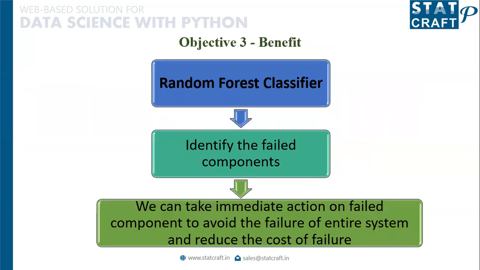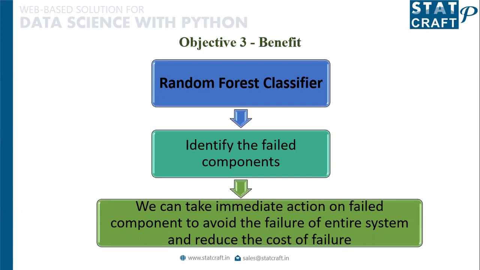Finally, what are the benefits that we have been able to obtain through a random forest classifier? Through a random forest classifier, we've been able to identify the failed components. And because we have been able to identify the failed components, we can take immediate action on them to avoid failure of the entire system and thus reduce the cost of failure.